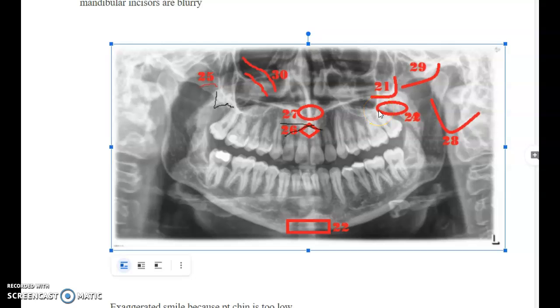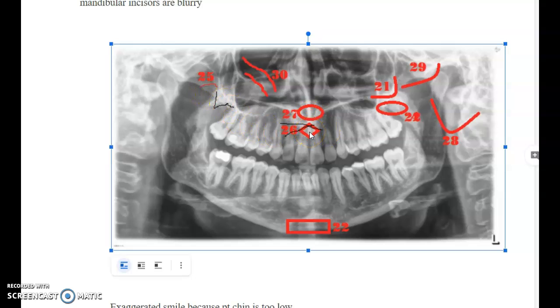Number 25, the zygomaticotemporal suture. A suture joins two bones. It joins the zygomatic arch and the temporal bone. Since it's a suture, we can see it as a radiolucent line right there, number 25. And I got mixed up with 26 and 27.